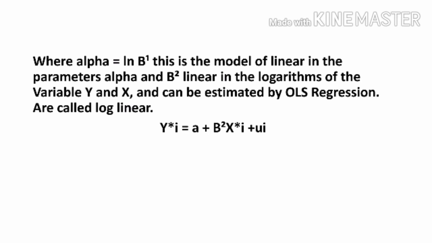It can be estimated by OLS regression, also called log linear. You see this equation: ln yi is equal to alpha plus beta 2 ln xi plus ui. This is the equation of the log linear model.